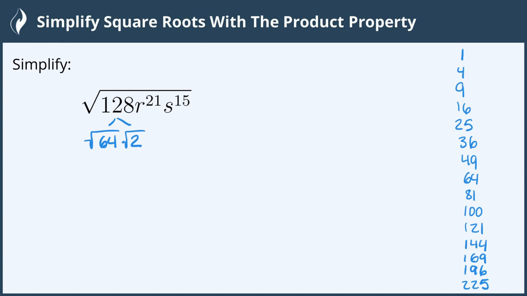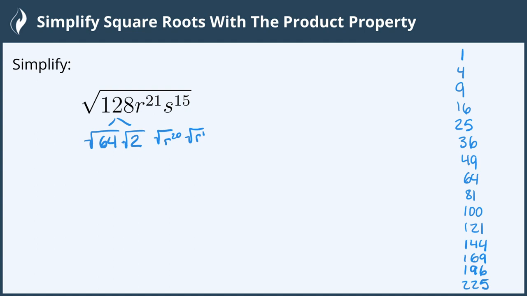Since these variables have odd exponents, we're going to have one left over, because for a square root I need an even number of them paired together. I'm going to have to break them apart. So I'm going to have r to the 20th times r to the 1st, because I add the exponents when multiplying, so this gives r to the 21st.